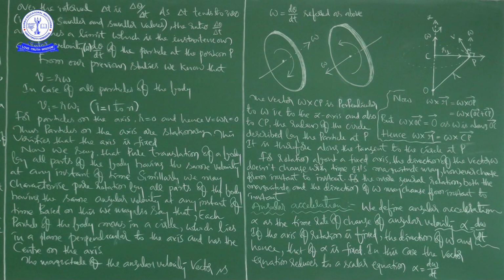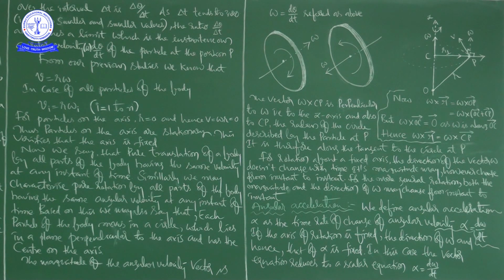So omega bar cross r bar is a vector of magnitude omega times r perpendicular, that is, omega into CP, and it is along the tangent to the circle described by the particle at P.